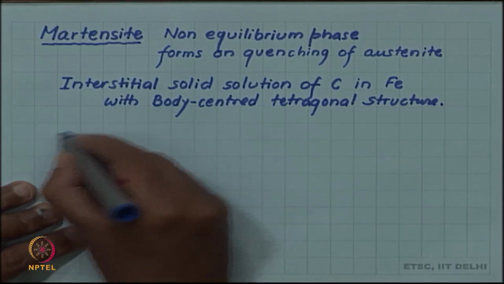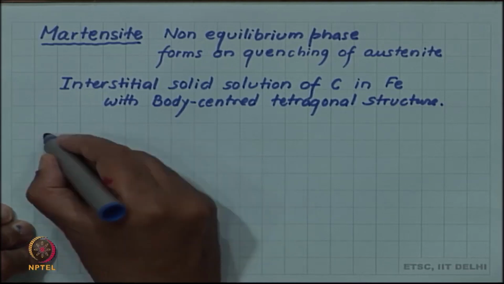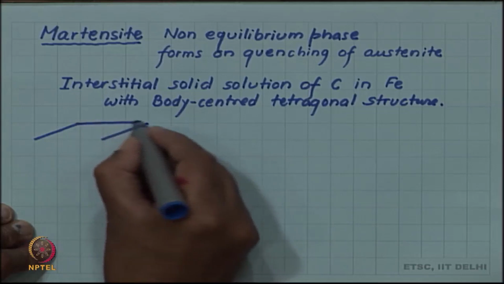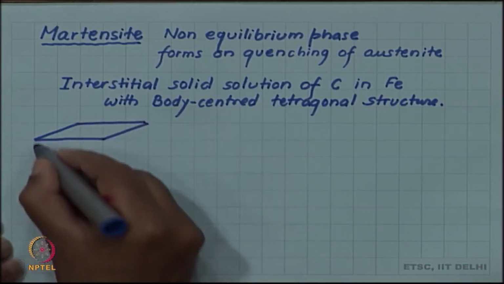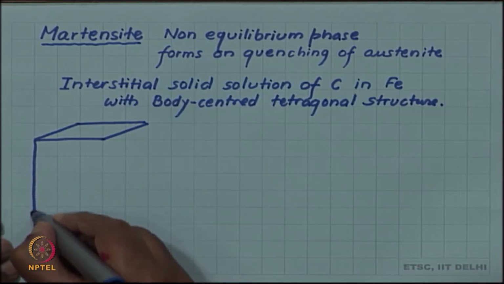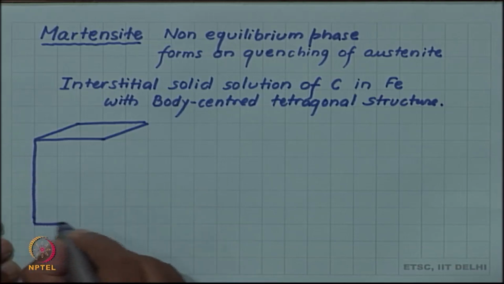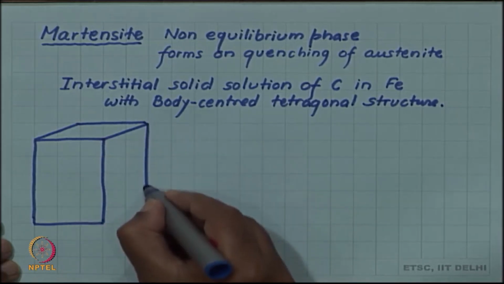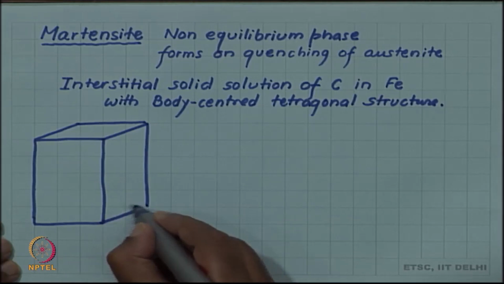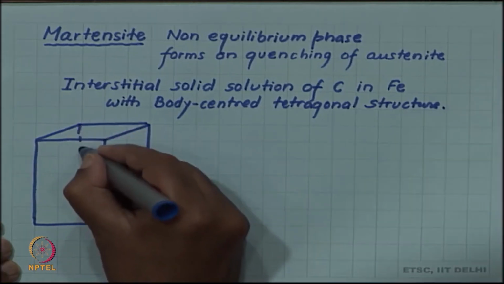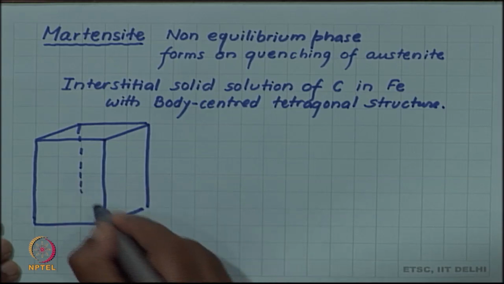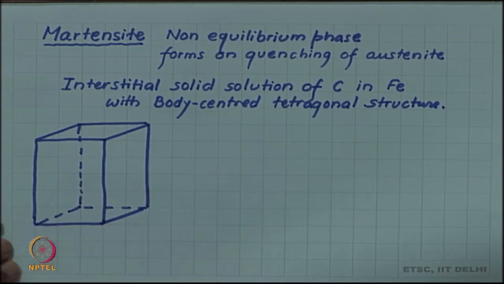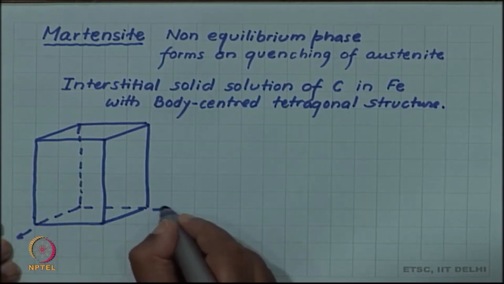You recall, by body centered tetragonal we mean the unit cell of body centered tetragonal will be like body centered cubic, only thing is that one of the axes, the C axis, will be longer than the other two edges of the unit cell.